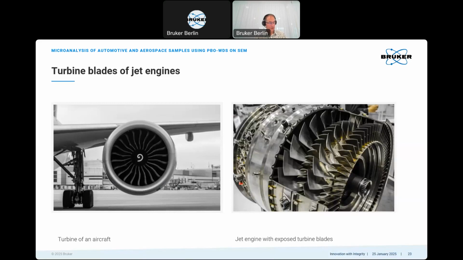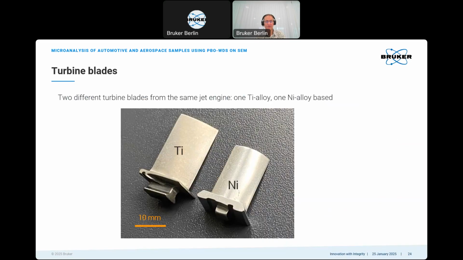So we first have a look at turbine blades. As you see here on the right side, there's an opened up turbine jet engine with the turbine blades, and some of these blades we used for analysis.